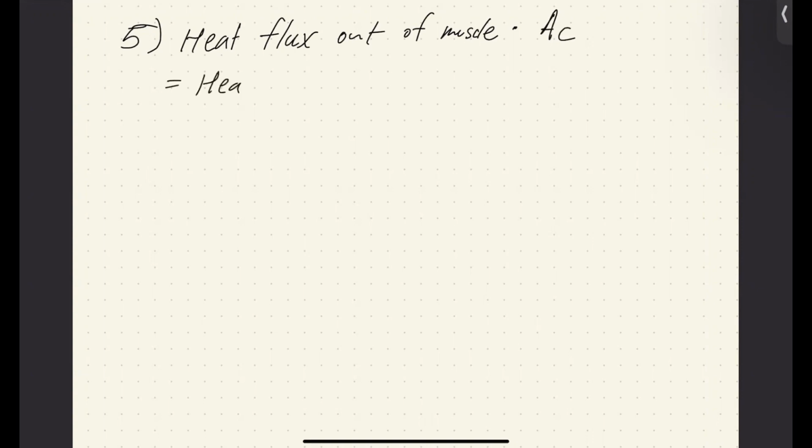So the fifth boundary condition is going to be the heat flux out of muscle times the cross-sectional area is equal to the heat generation of muscle times volume.